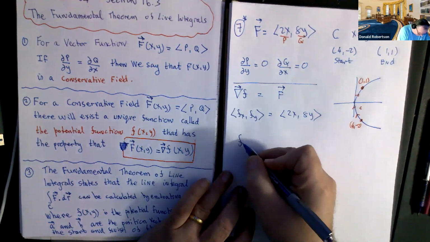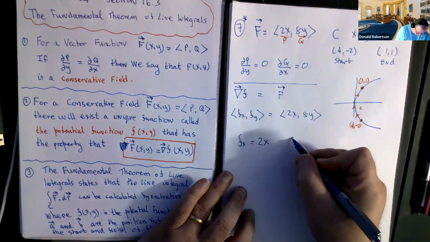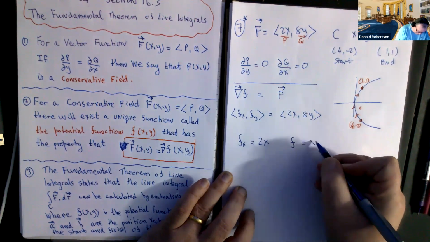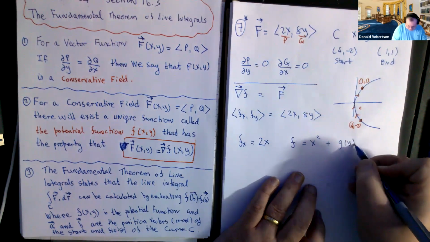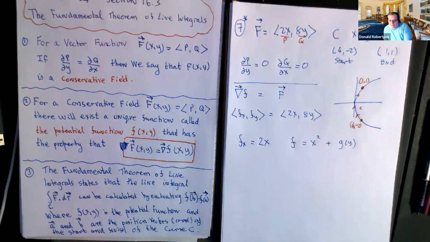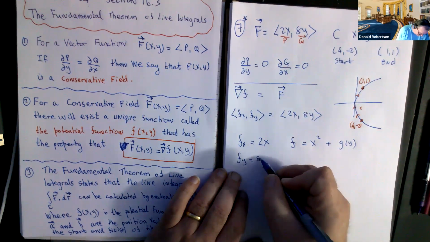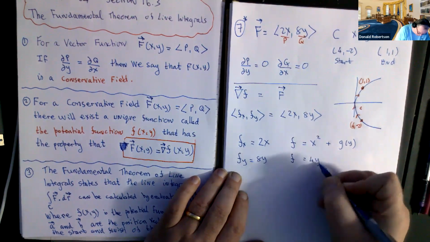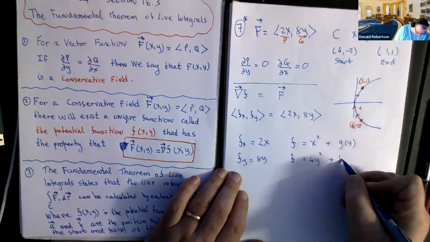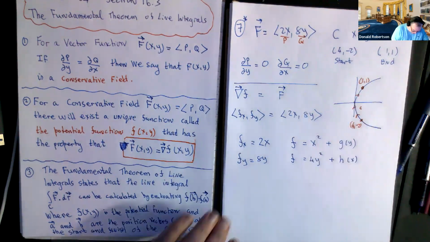And so we have the partial derivative with respect to x is 2x. When you integrate it, you get x squared, and the arbitrary function is some unknown constant in terms of y. And then you do the second guy. And this fella, when you integrate it, I believe gets you 4y squared plus some arbitrary constant, which we consider to be a function of x.